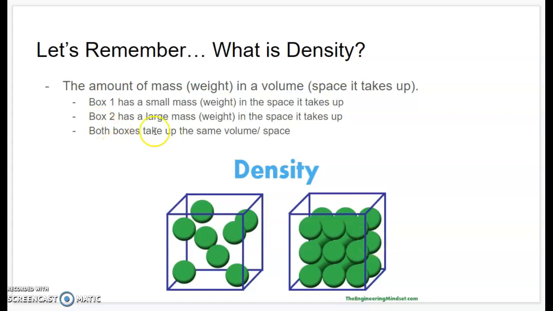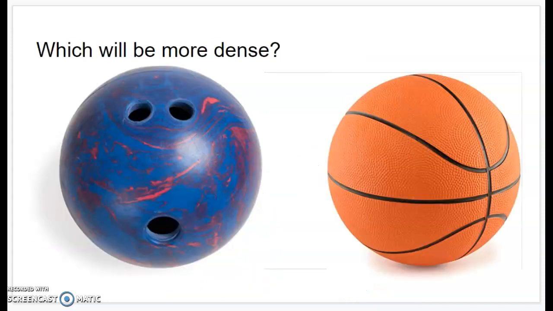Okay, and like I said before, both boxes are taking up the same volume or space. So if you had to describe which of these would you think would be more dense? Which of these has more weight in the similar amount of volume?